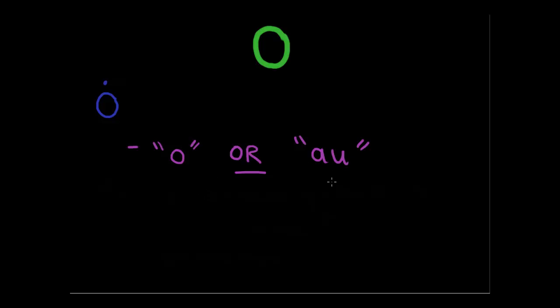So there's a slight difference in the sound, and that might help you figure out if it's an O or an AU. O is kind of more elongated, somewhat longer, like your mouth curves a bit more, but AU is just like aw. So don't go by that 100% because it really depends on the pronouncer, and different dialects of the word and different accents and how that word should be pronounced.